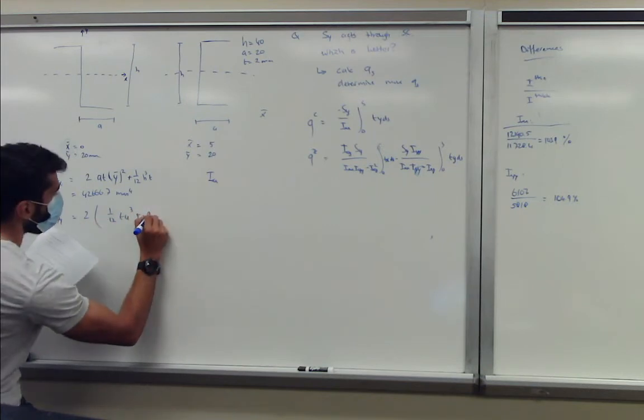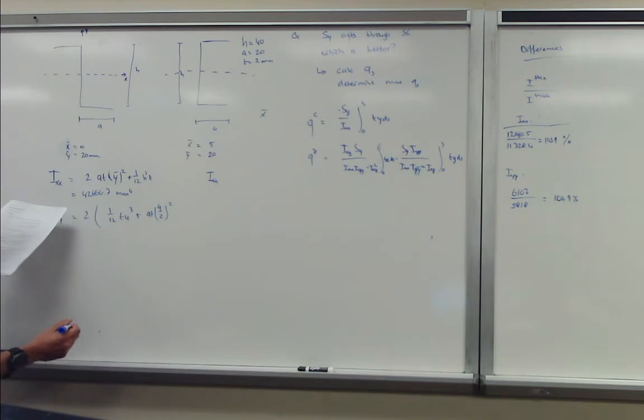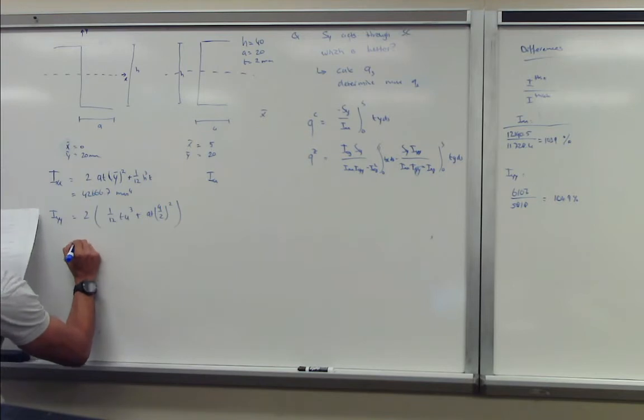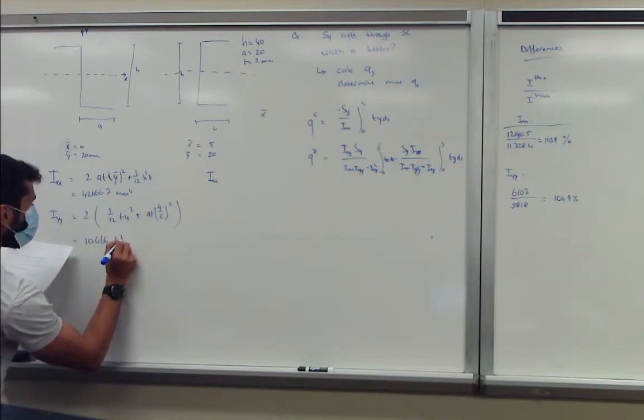That will be AT, A over 2 squared. And that will be 10,666.67.